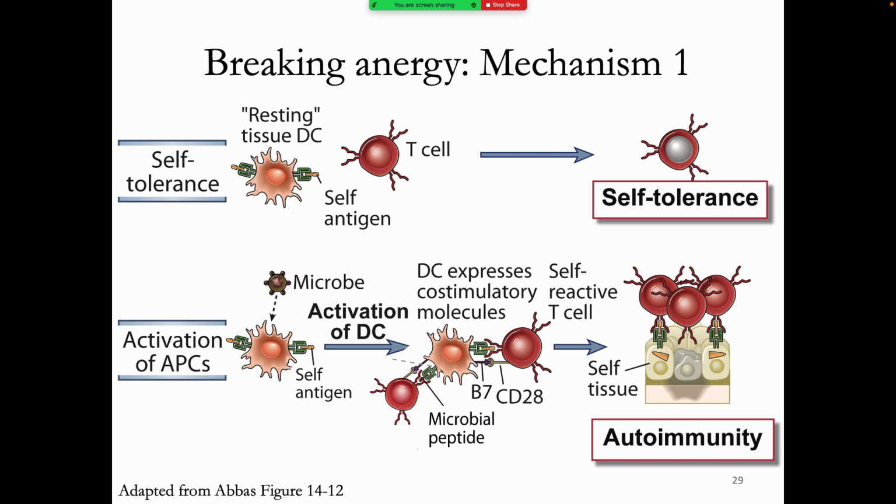Yes, Sebastian. Yeah, so T cells only need to see B7 the first time they are activated. Only naive T cells need signal 2. Once a T cell is activated, it doesn't need signal 2 anymore. Its threshold for activation is lower.